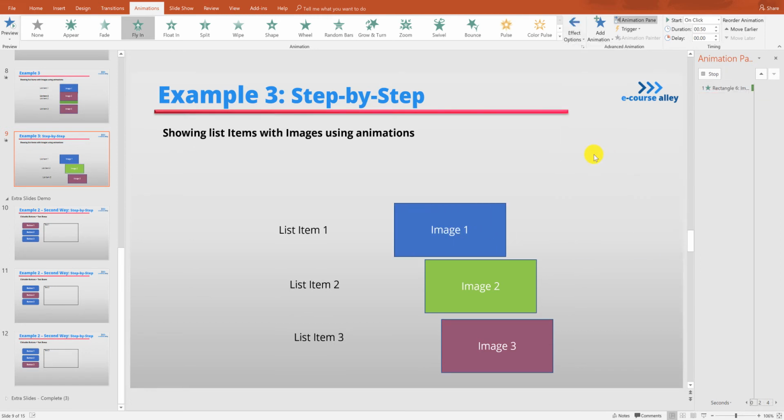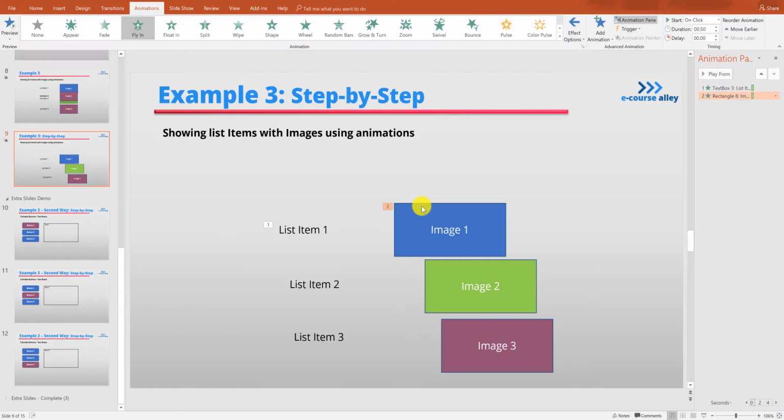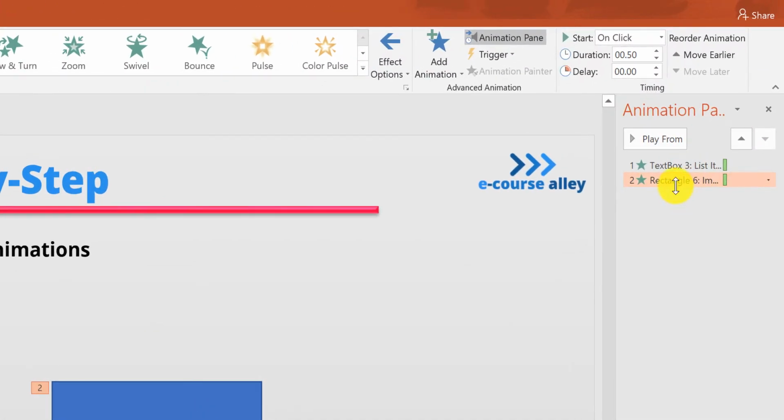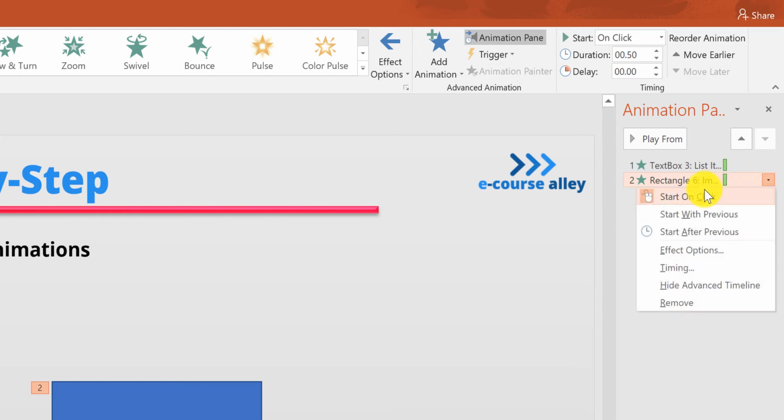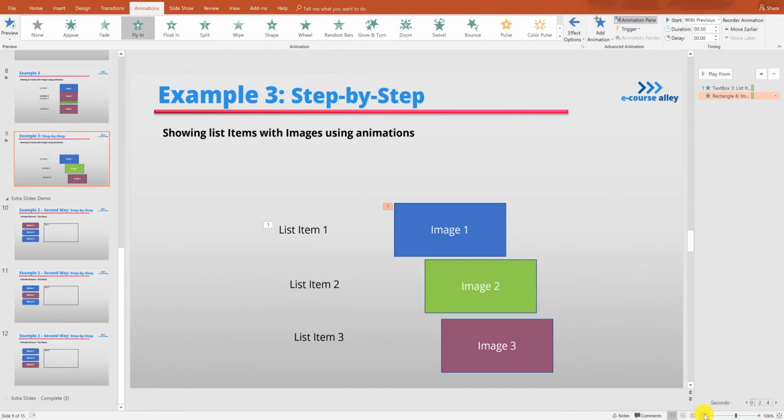Okay, so we'll just go preview that. The only thing is I don't want it to happen on 2 clicks. So I'm going to go here to the animation pane, and when I click, this rectangle, this image is going to start with previous. So now it will look like this.